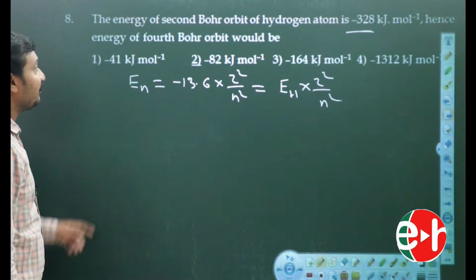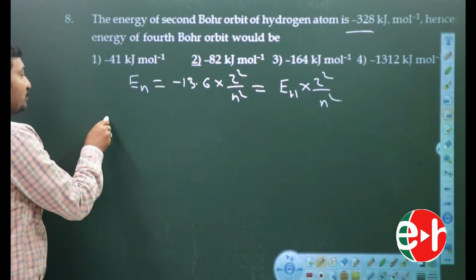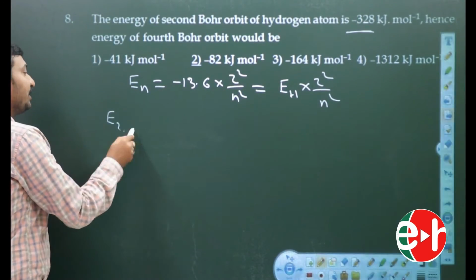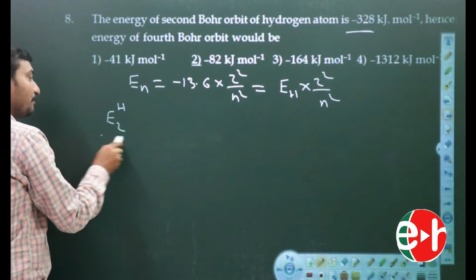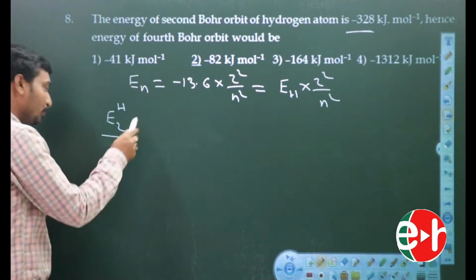Okay, here the second orbit of hydrogen atom is given, E2 of H, and we have to find the fourth Bohr orbit. So you can take the ratio.